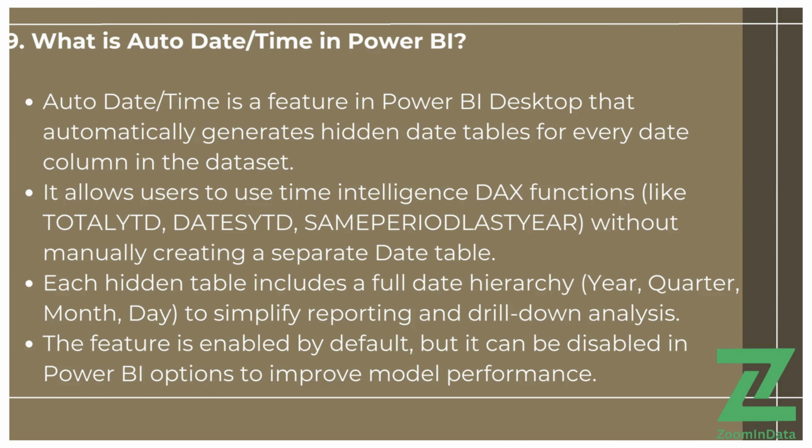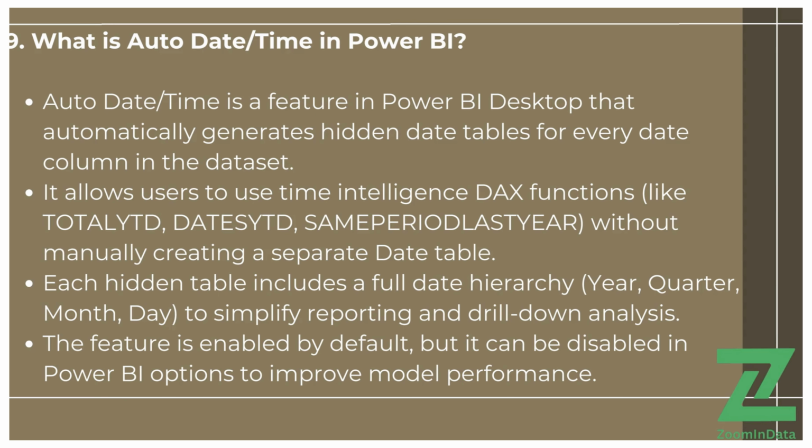9th question. What is auto-date or time in Power BI? Auto-date or time is a feature in Power BI Desktop that automatically generates hidden date tables for every date column in the dataset. It allows users to use time intelligence DAX functions, like TOTALYTD, DATESYTD, SAMEPERIODLASTYEAR, without manually creating a separate date table.